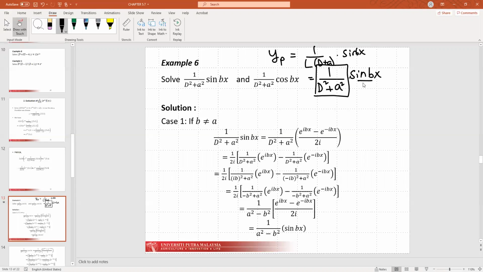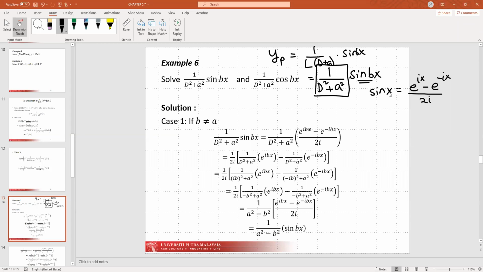Okay, untuk evaluate coefficient, saya kembangkan expand sin bx. So if you remember, awak ingat, rasanya first few weeks tu kita ajar macam mana nak dapat exponential ke sin dan sin ke exponential. So if you have sin of x, this is just equals to e to the ix minus e to the minus ix divided by 2i, right?